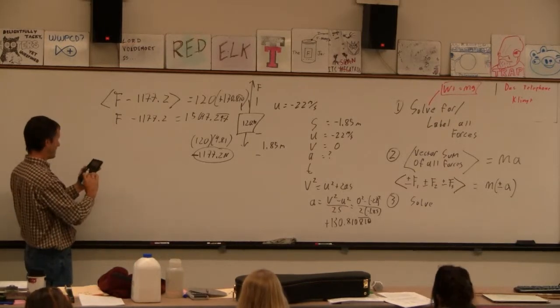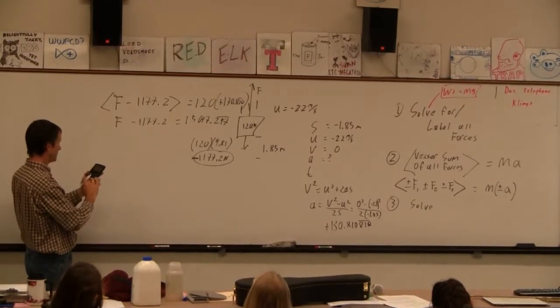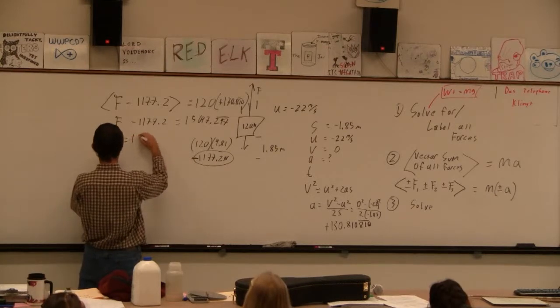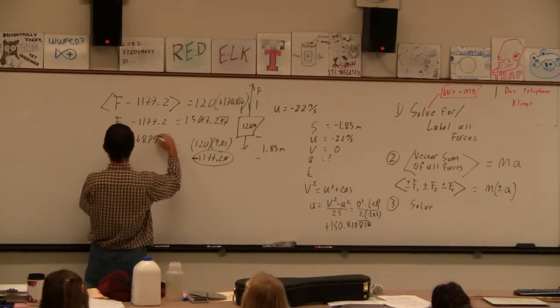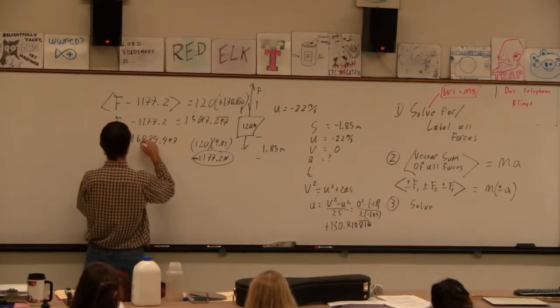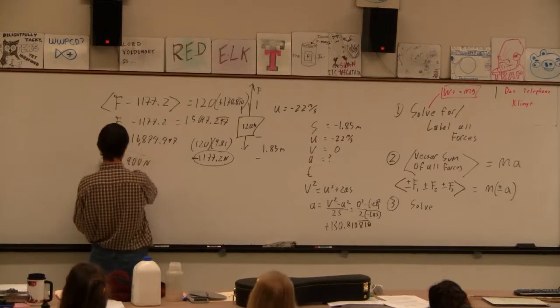And then of course I just add plus 1177.2. And I get F, which is about 16,900 newtons.